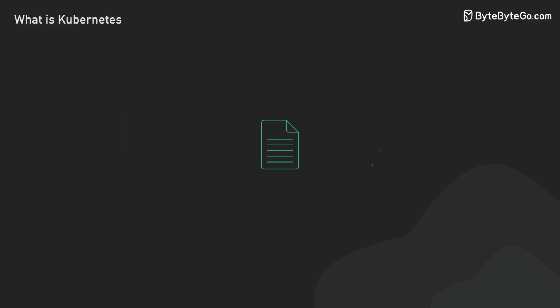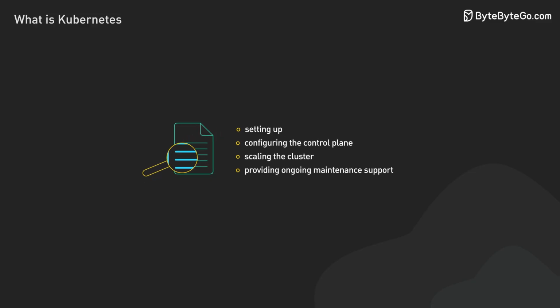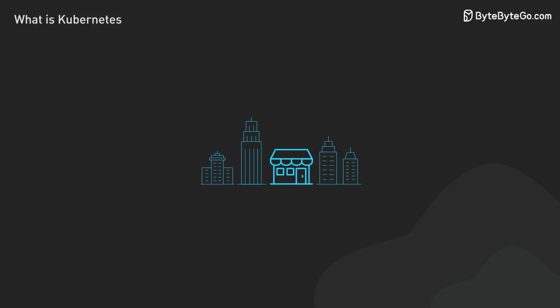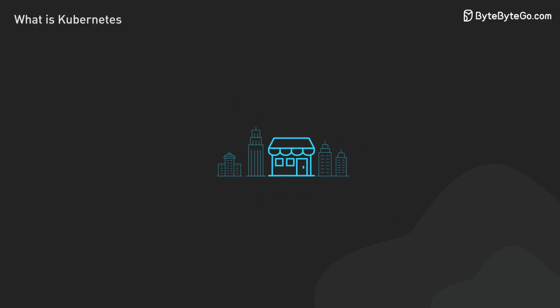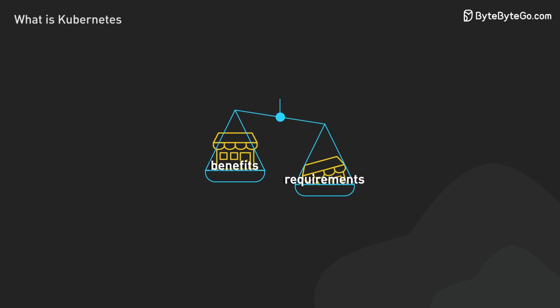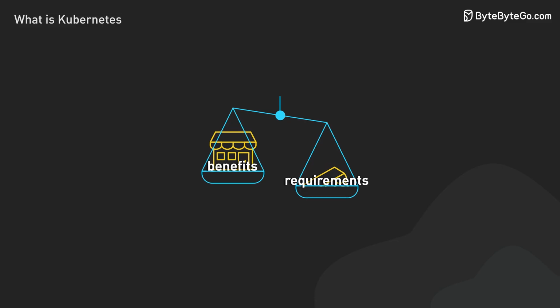They take care of tasks that require deep expertise, like setting up and configuring the control plane, scaling the cluster, and providing ongoing maintenance and support. This can be a reasonable option for mid-sized organizations. For smaller organizations, the complexity and resource requirements of Kubernetes might outweigh its benefits for smaller-scale deployments.